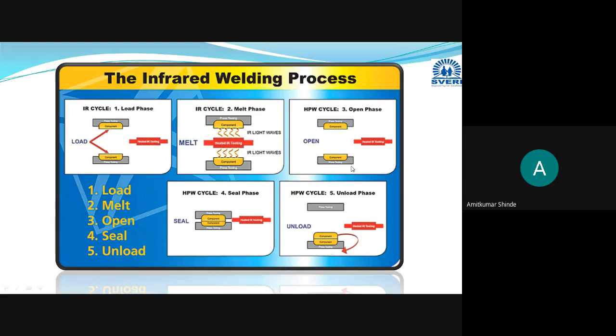Then the last phase is termed unloading. In this unloading phase, we remove the upper fixture, and from the lower fixture the joined plastic component is obtained. This is your joined plastic component. This is the final phase, termed unloading. In the infrared welding process, 5 steps are there: loading, melting, opening, sealing, and unloading.